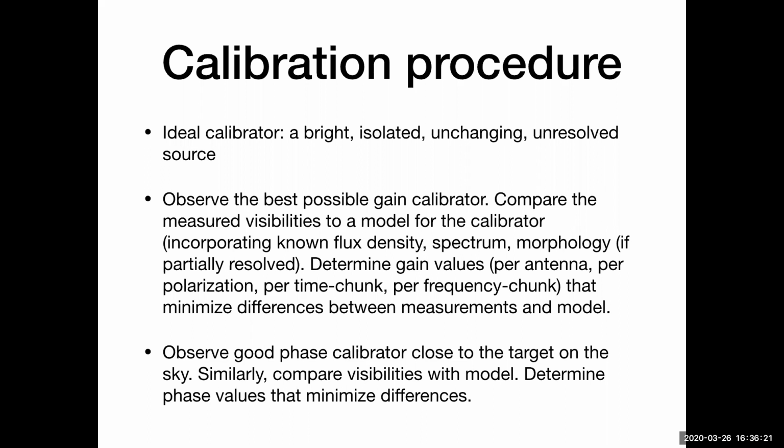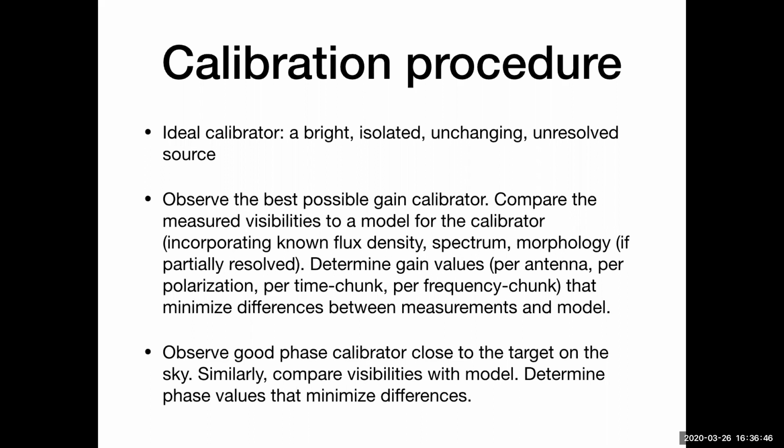The next step after that is to observe a phase calibrator, which is close to the target on the sky. So this is to address the direction dependence of phase effects, the phase effects from the atmosphere and the ionosphere. You observe in a direction as close to your target as reasonably possible, and then hope that the phase doesn't change that much between the phase calibrator and the target.